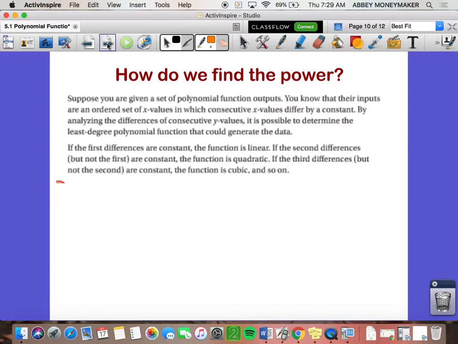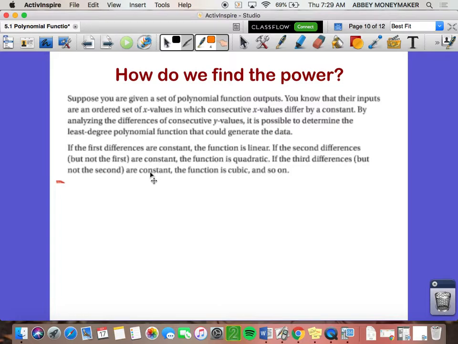What this is saying is that I'm going to give you a table of values, and based off of that table of values, I want you to tell me: is that a table of values for a linear? Is that a table of values for a quadratic, a cubic, a quartic? What is it?